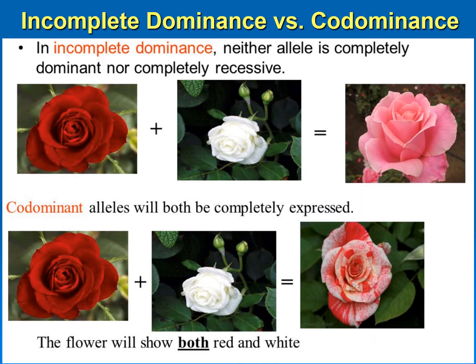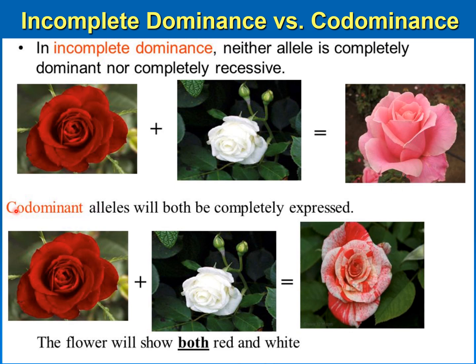Okay, and then here's just another example of codominance, and then we'll compare that to incomplete dominance. So remember, incomplete dominance, neither allele is completely dominant over the other, and it looks like blending. So if you have a red and a white flower and you cross those, you get the pink flower.